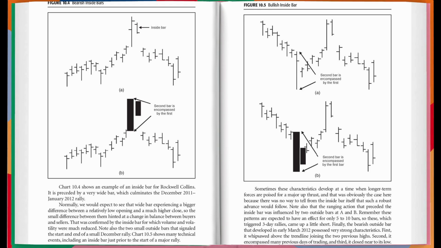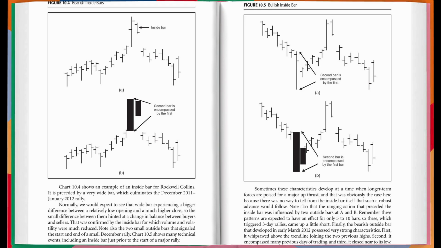Normally, we would expect to see that wide bar experiencing a bigger difference between a relatively low opening and a much higher close, so the small difference between them hinted at a change in balance between buyers and sellers. That was confirmed by the inside bar, for which volume and volatility were much reduced. Note also the two small outside bars that signaled the start and end of a small December rally.